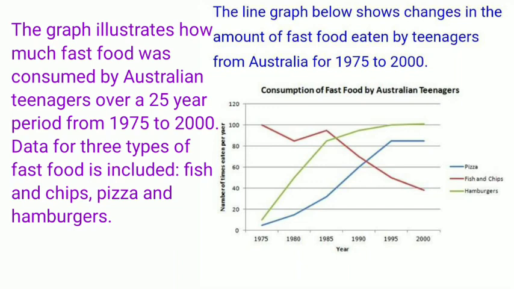The next thing to complicate your writing is that you have to use the numbers also. If you skip the numbers of your graph, then it will reduce your band score. It is essential that you include some actual numbers in your essay. Never ever use estimates. I have seen many students that if the value is lying between 10 and 20, they write it as 15, 16 or 17. Never ever use averages.